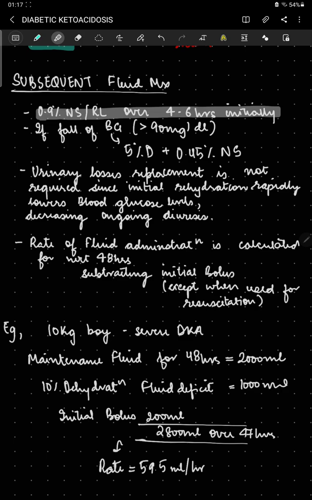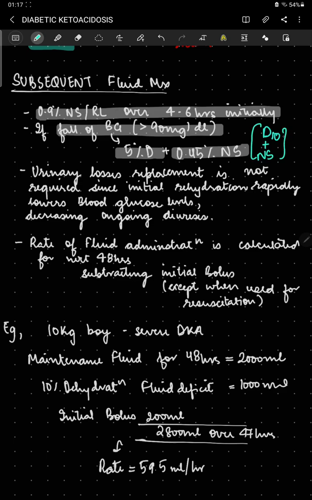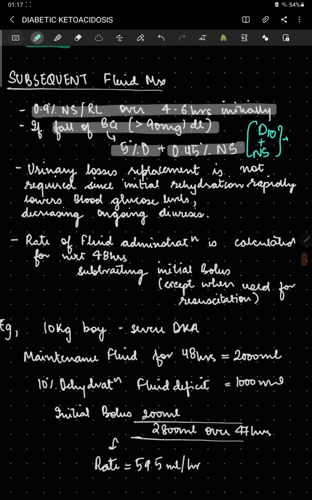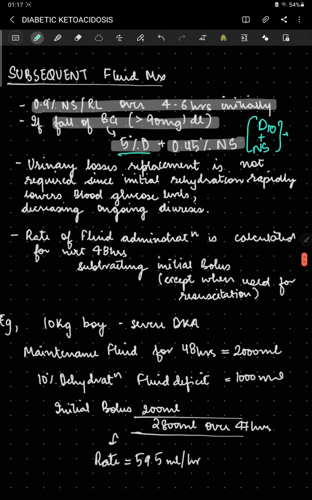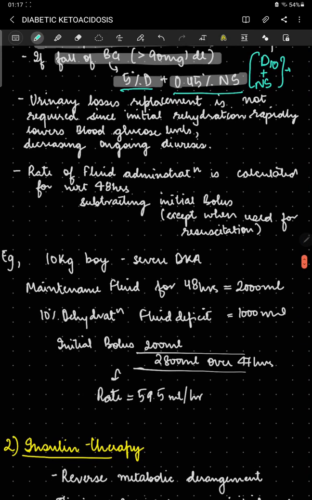If the blood glucose falls to below 250 milligram per deciliter, then you have to switch the fluid to 5% dextrose in 0.45% NS. This is made by simply adding D10 plus NS in equal concentration, right? So we would get 5% dextrose and 0.45% NS.